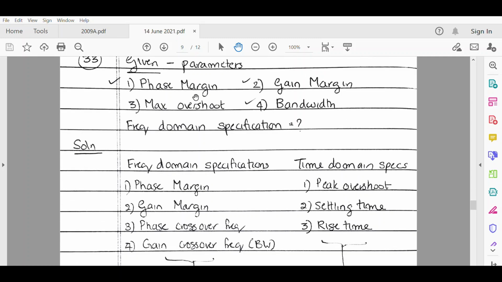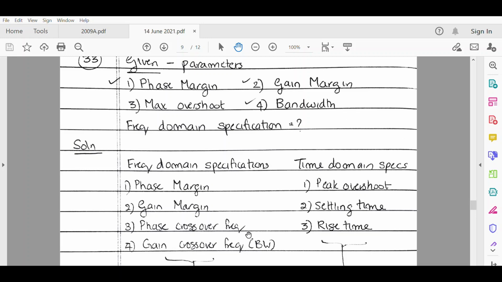Now we'll write down the frequency domain specifications and time domain specifications usually required for design of a control system. The frequency domain specifications are phase margin, gain margin, and the phase crossover frequency. The gain margin is measured at the phase crossover frequency, and the fourth parameter is the gain crossover frequency. Normally bandwidth is taken as the gain crossover frequency.